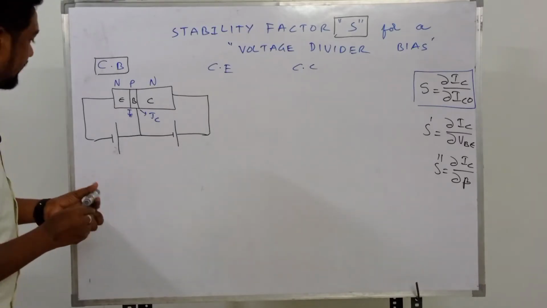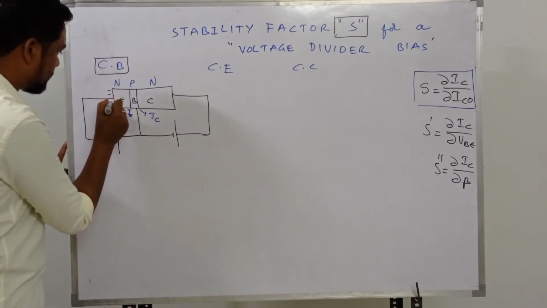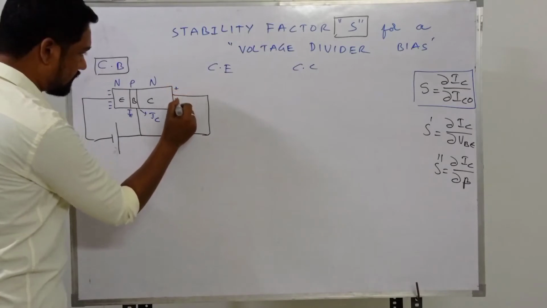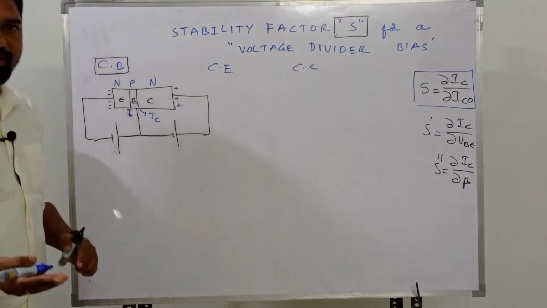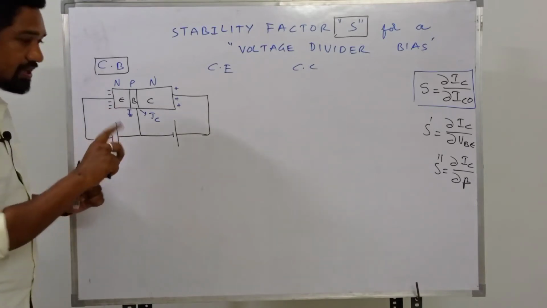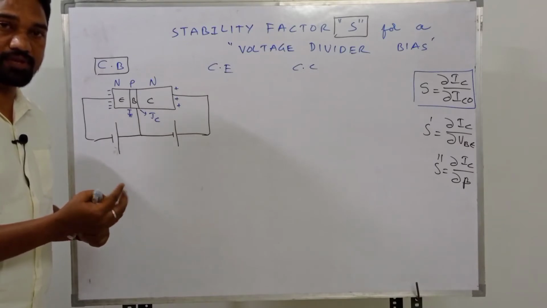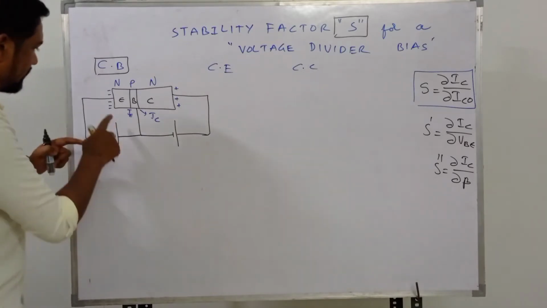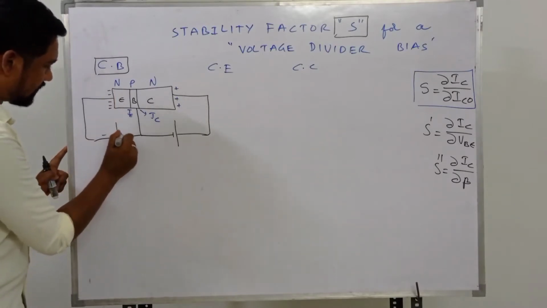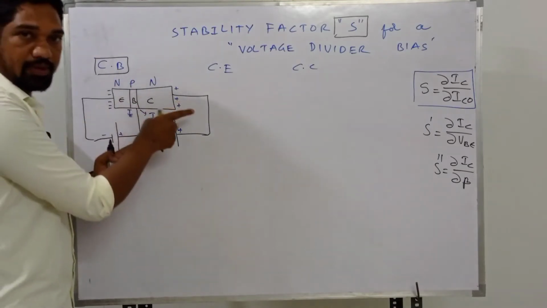So we'll be having a negative potential over here, and a positive potential over here. So guys, question yourself: with the negative potential over here, what charge carriers experience repulsion and what charge carriers experience an attraction force? With the negative potential, electrons are repelled.